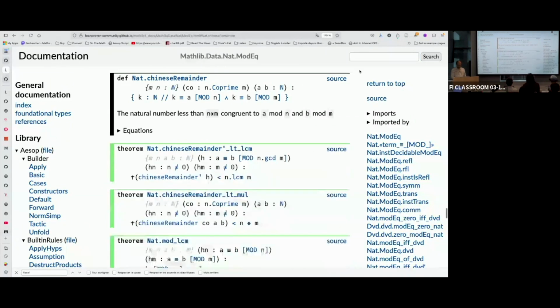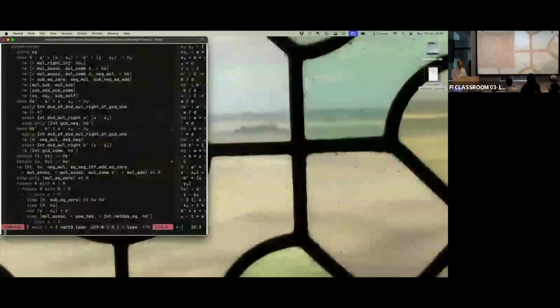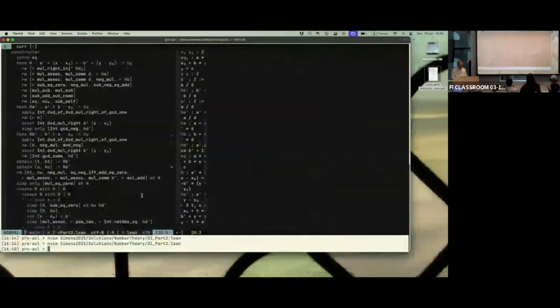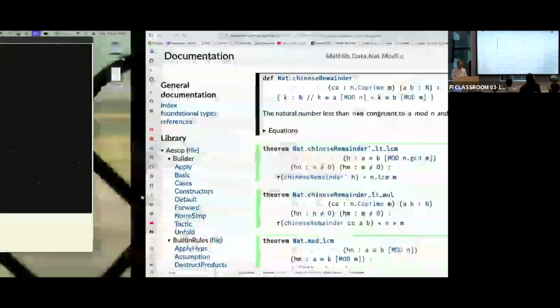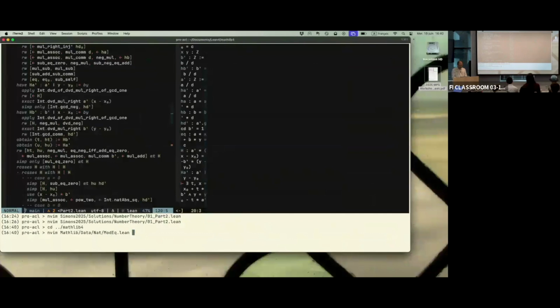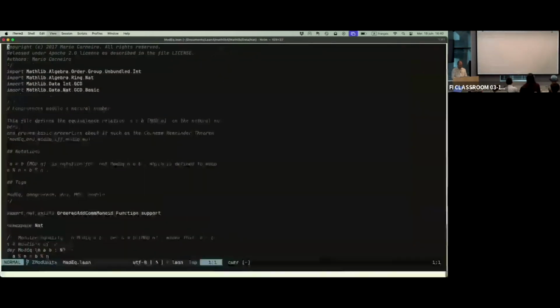So maybe we'll have a look at the source. It will probably be easier if I open a file, close my stuff, and go to my own. So do you remember the file Mathlib data nat? Okay, data nat mod eq, and then I will maybe make a bigger font.